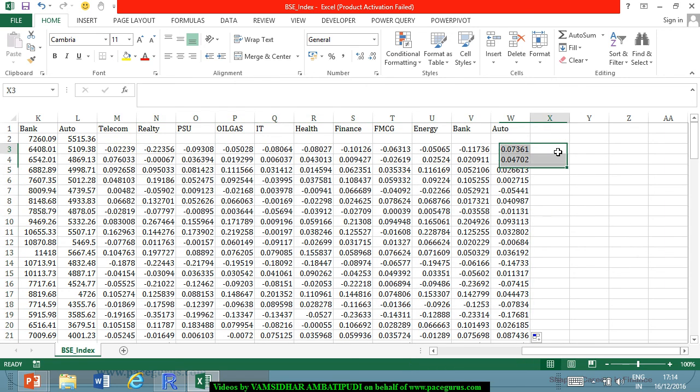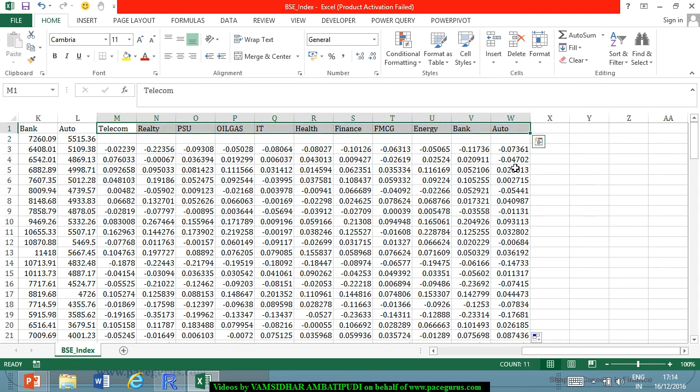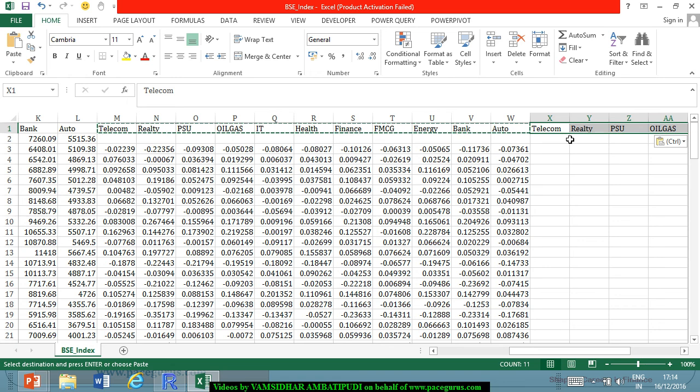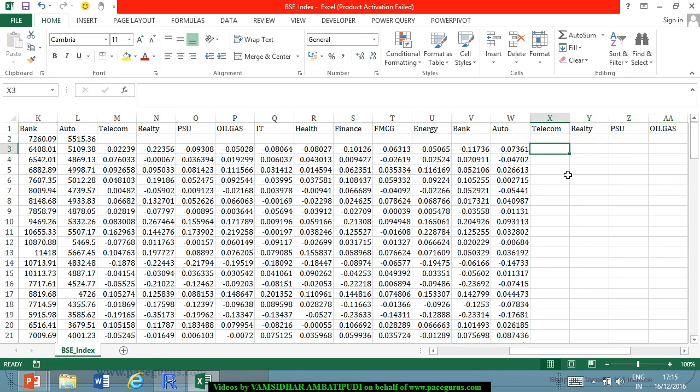And now quickly, I want to check the correlation with a time period lag of 1 for the same set. I want to look at correlations with a lag of 1 month, right? So let me consider here the correlation from here.